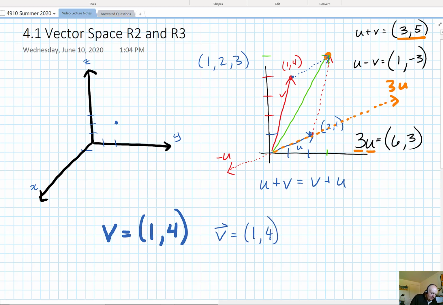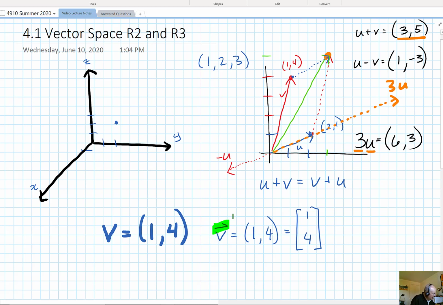Okay. Sometimes we'll put it as a column like that. But in general, you'll notice, and I've already done this, if the context of the discussion is vectors, I don't even write the arrow because we're just talking about vectors.